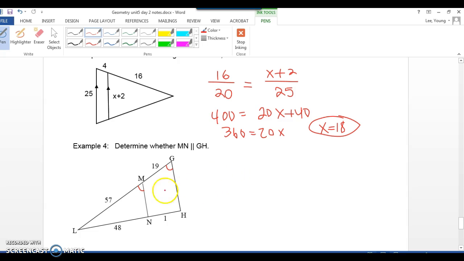So which one is the small one? LN is 48 over the whole big triangle, LH, which is 49, equals this side LM, which is 57, over 57 plus 19, 76. And we have to see if they are proportional. So we have to cross multiply.